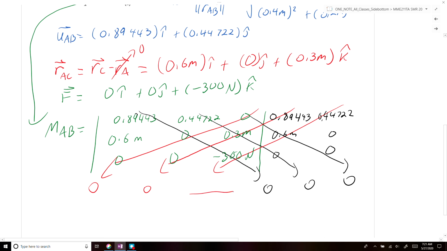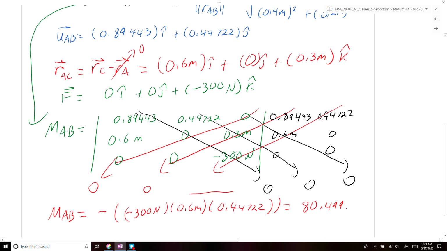So MAB will be equal to that term. Since we're going from the top right to the bottom left of our determinant, we have to include an extra negative sign. So it'll be equal to negative 300 newtons times 0.6 meters times 0.44722. And if we do that, what we end up getting is a positive 80.499 Newton meters.